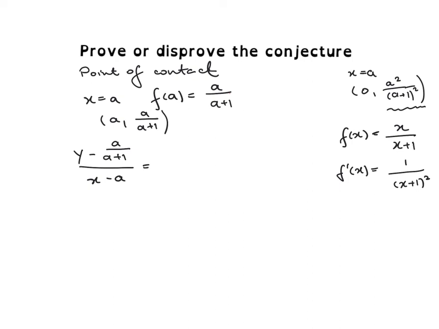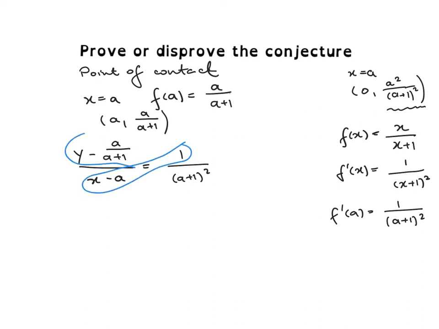So let's go: y take away y1, which is this value, over x take away a, is equal to f dash of a, which is 1 over (a plus 1) to the power of 2. Same as we have done before, cross multiplication.